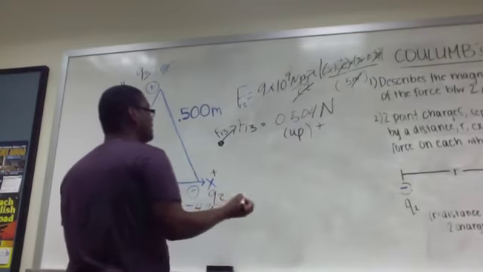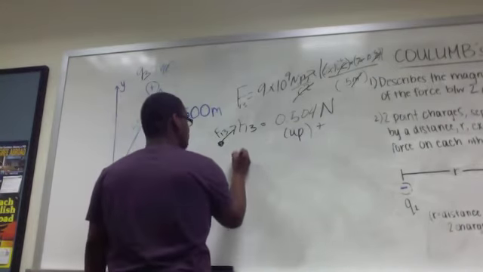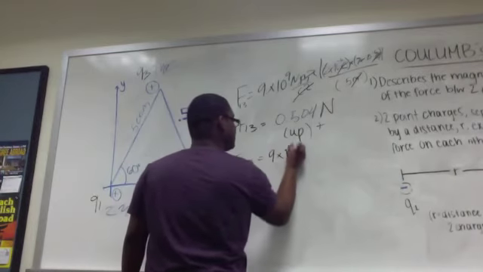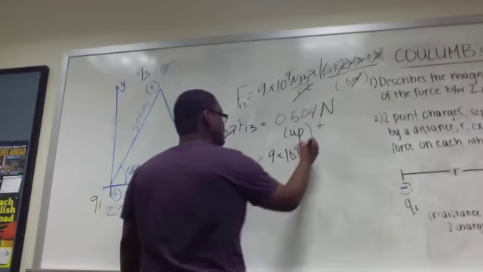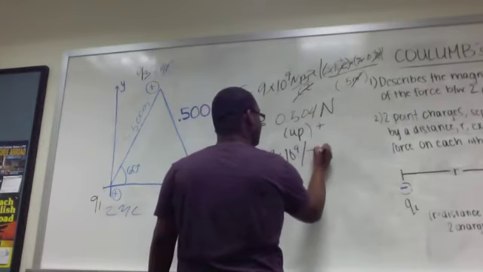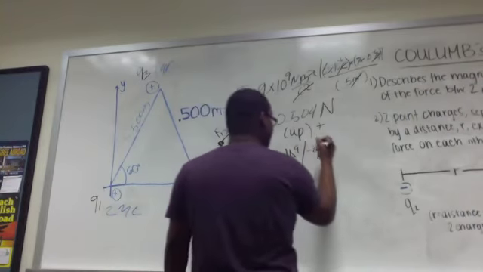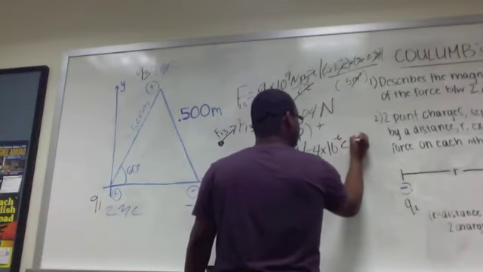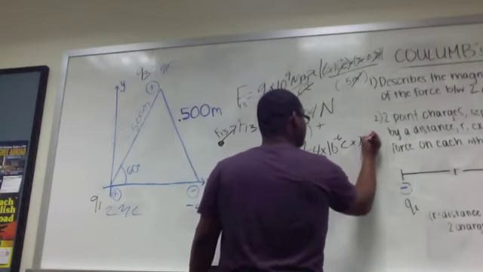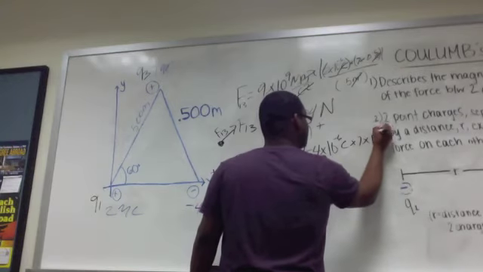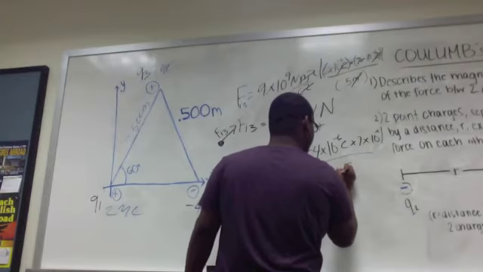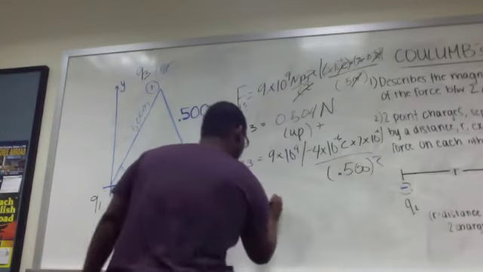Then you do the same thing with 2 on 3: 9 times 10 to the 9th, and then your charges, the negative 4, where the negative goes away because of the absolute value, times 10 to the negative 6 coulombs, times 7 times 10 to the negative 6, over the same distance of 0.5, since you have the equilateral triangle, squared.